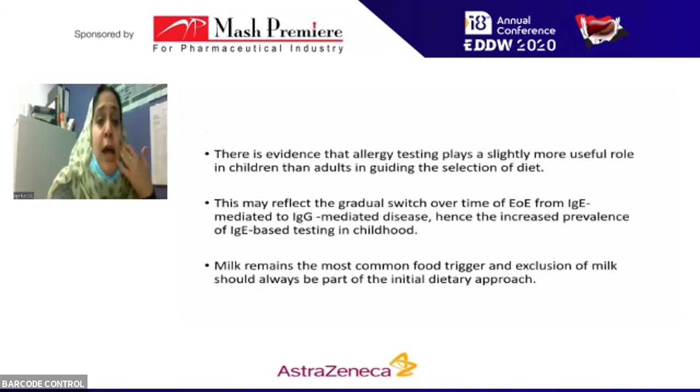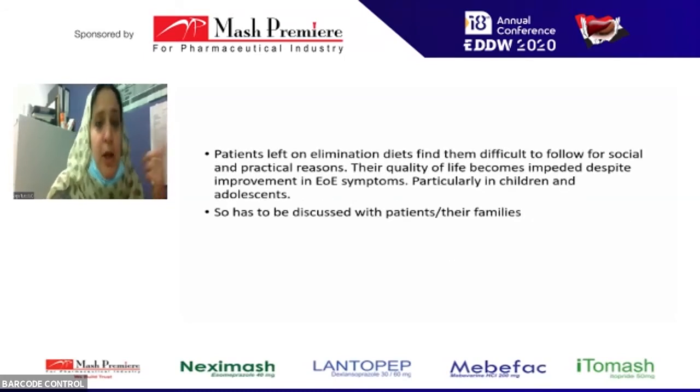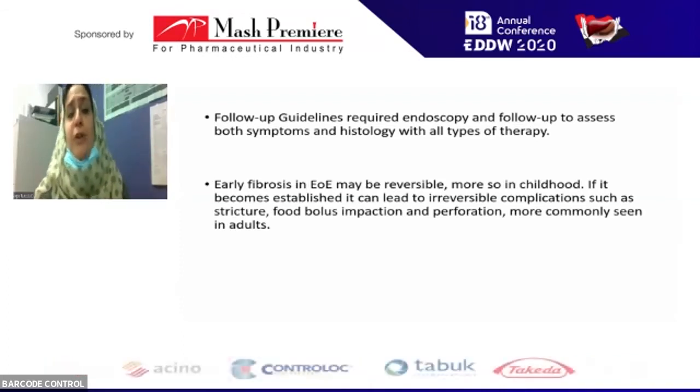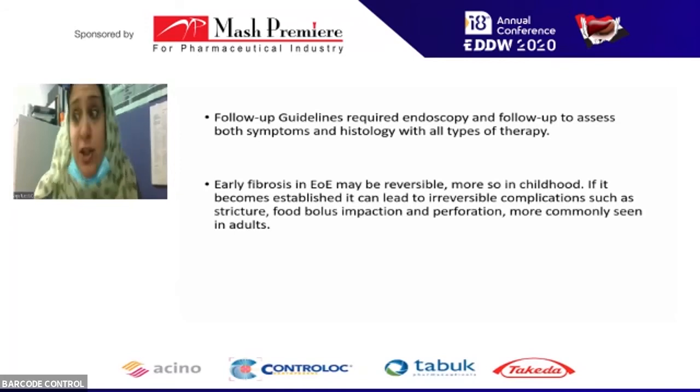Allergy testing will play a role in choosing what type of food to eliminate from children, but it's not really helpful in the diagnosis of the condition, and it's not helpful in adults because it's not IgE mediated. Food elimination will have to be very well discussed with adults. If the patient has got food impaction or fibrosis complication, consider maintenance steroids, and discuss food elimination always, and you're going to manage with endoscopy.